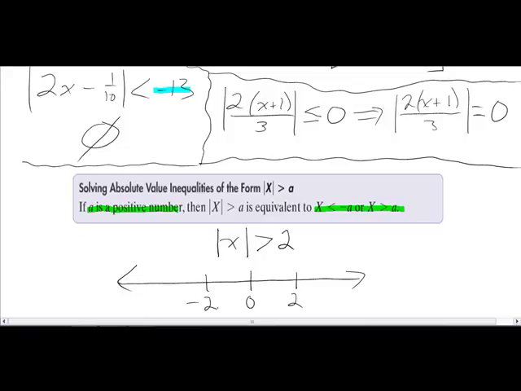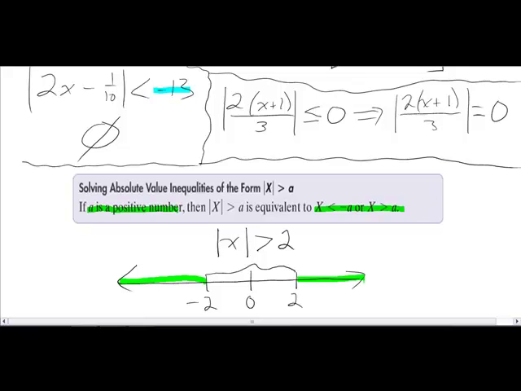All of the points from negative 2 to 2 are within 2 units of 0, so those would not fit this inequality. Any point in here would not make this true. So the solutions to this inequality are outside of that range. Let me highlight them: from negative 2 this way, and from positive 2 this way.